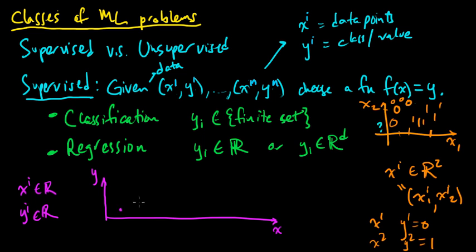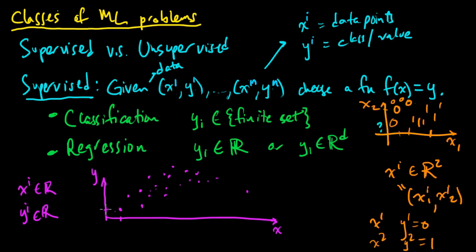Maybe the first pair, x1, y1, is here. The second one's here. So I get all these different data points, something like this. And maybe another weird one over there.